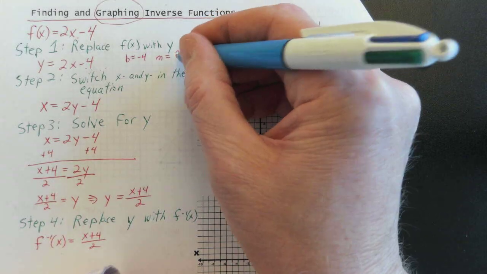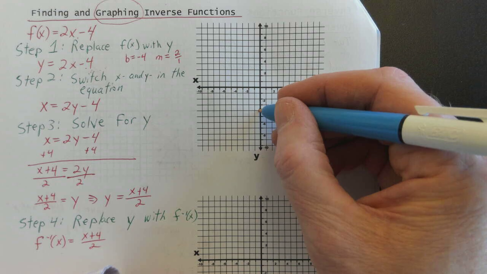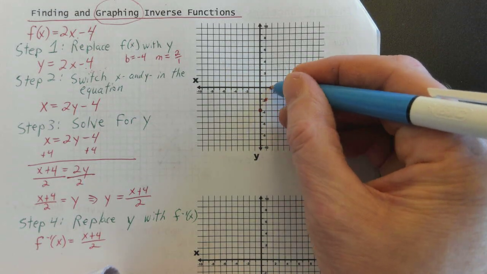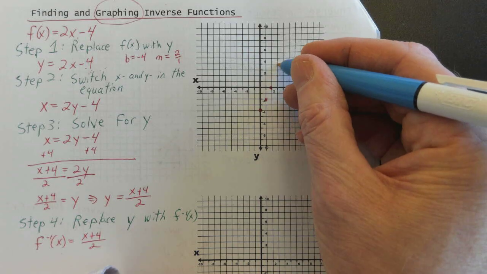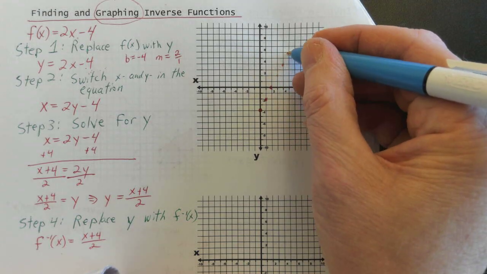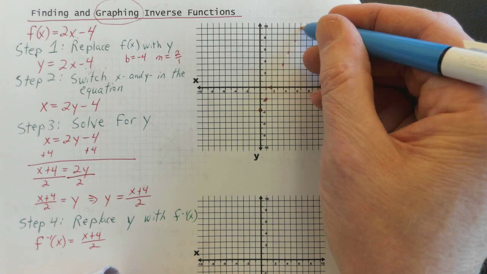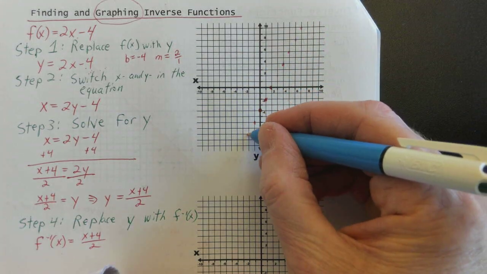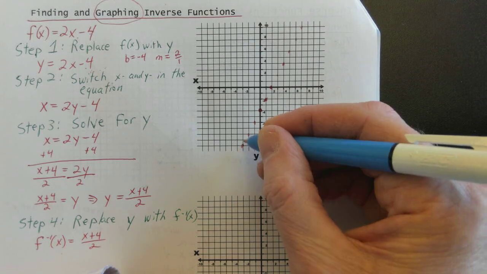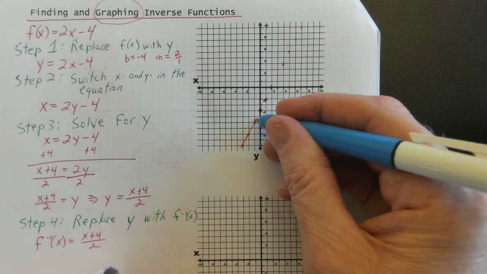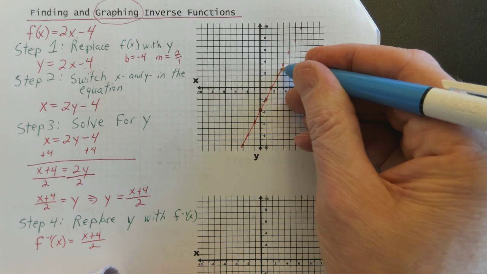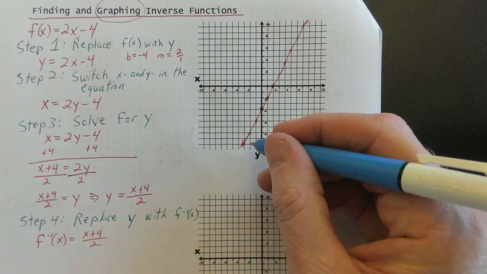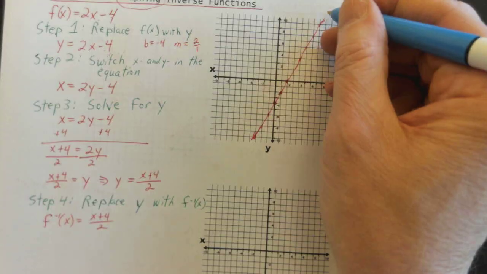Two. And I'll write the fraction 2 over 1 so that we can go up by rise over run. Let's fill our grid up with that, and down to the left one. And draw. Okay. So there is f of x.